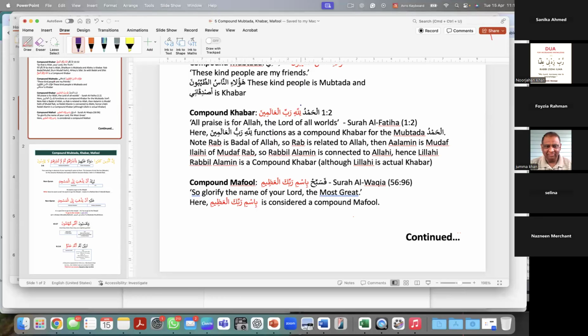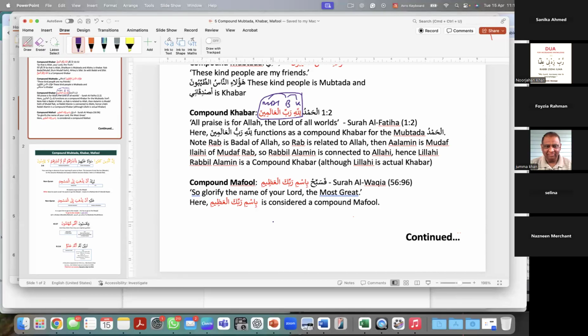This is the primary khabar, then this is badal, and this is mudaf ilayhi of this. So this is connected to this, and this is connected to that, and together this is a compound khabar. Clear, everyone? Yes. Okay, mashallah.